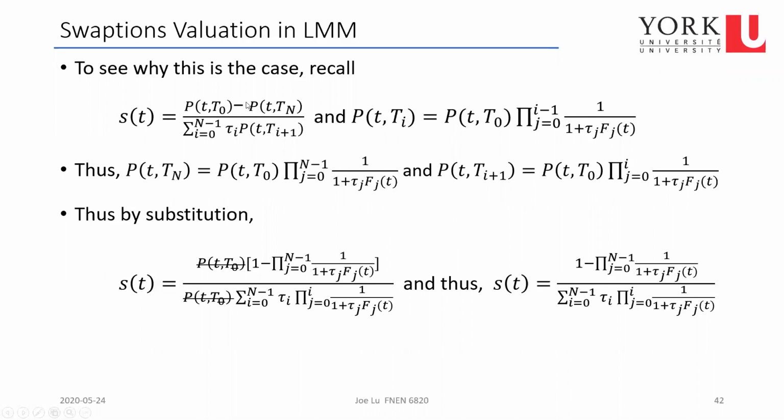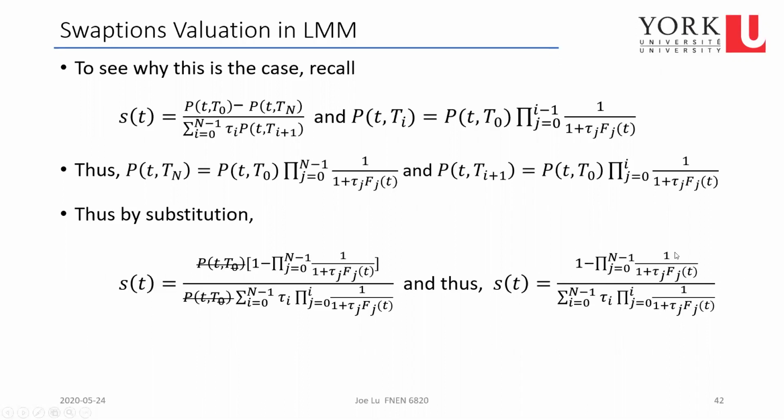Let's substitute those two expressions into this for this and for this. So we put them in, we find out that we can cancel the one here. There's a common factor from this one here that we can pull out, and we can cancel that. Then this ST becomes this expression here. Okay.